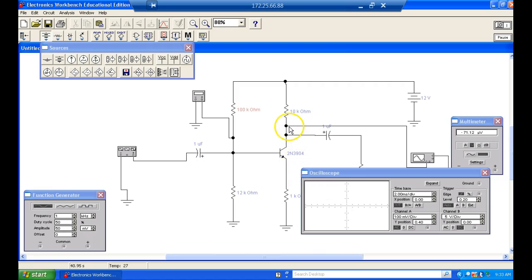What happened to the bias voltage over here? What would this voltage right here be now? What should we expect right there if the transistor's cut off? DC voltage. What's that? 12 volts.